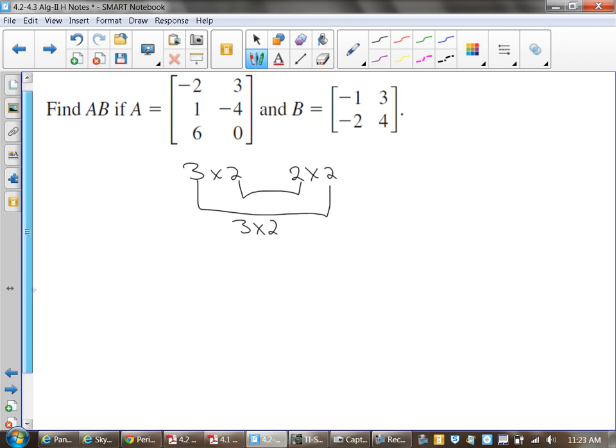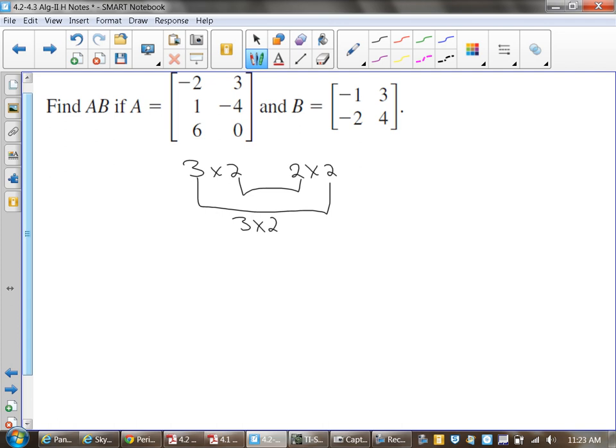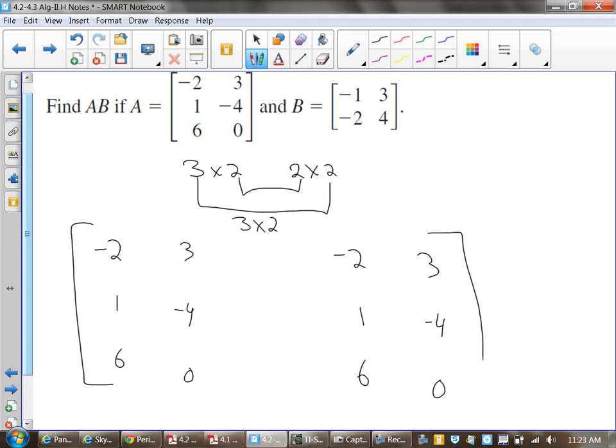How many times did I write down that first matrix? 2. So we start by writing down that first matrix twice. -2, 1, 6, 3, -4, and 0. That is my first thing to do. By doing that, I don't know if you want to call it shortcutting, but I am making my life a little bit easier in the long run.